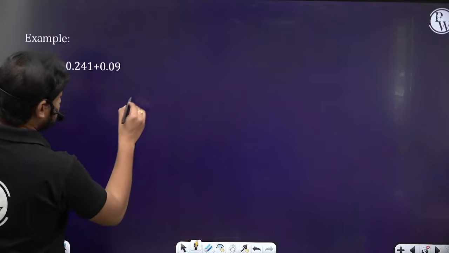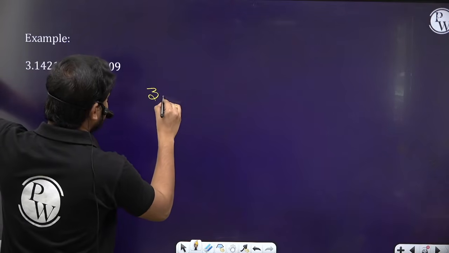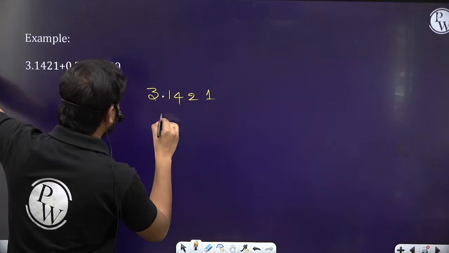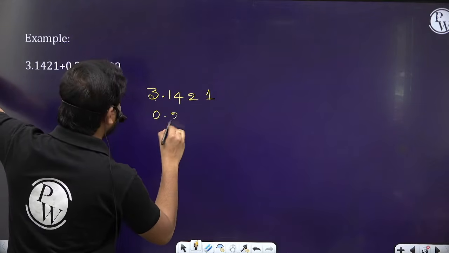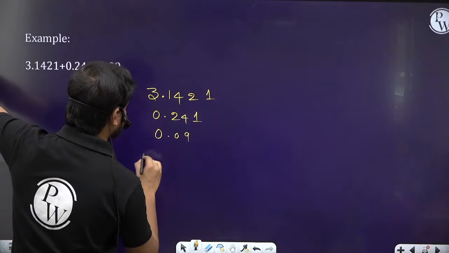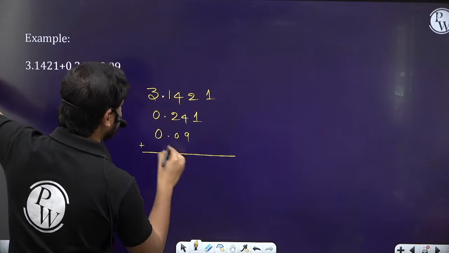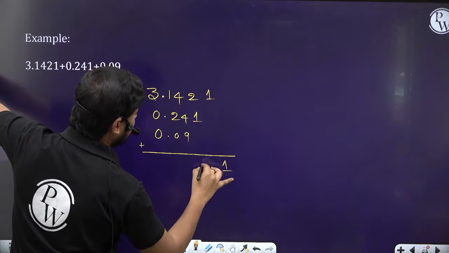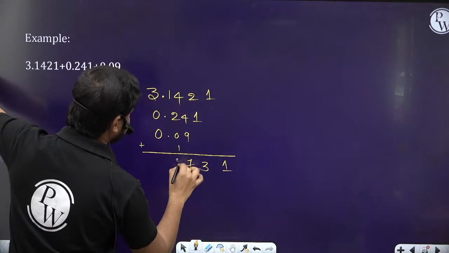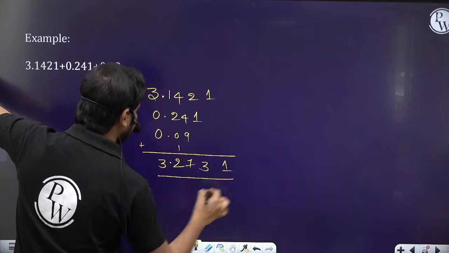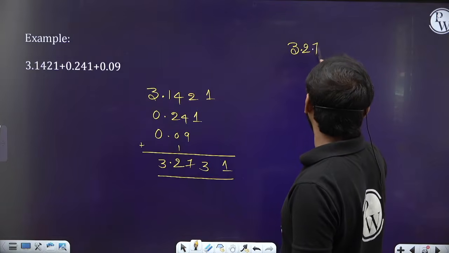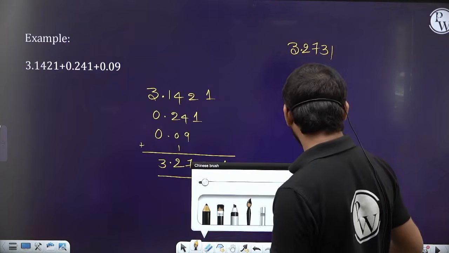Just add these: 3.1421, 0.241, and 0.09. It comes out to be 3.2731. This is the final result.